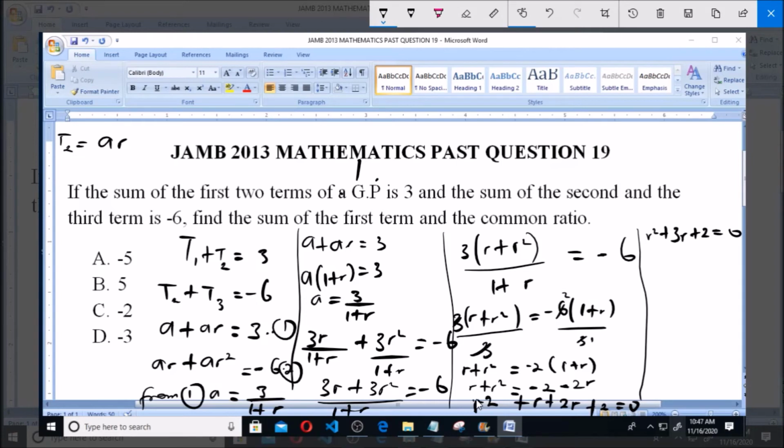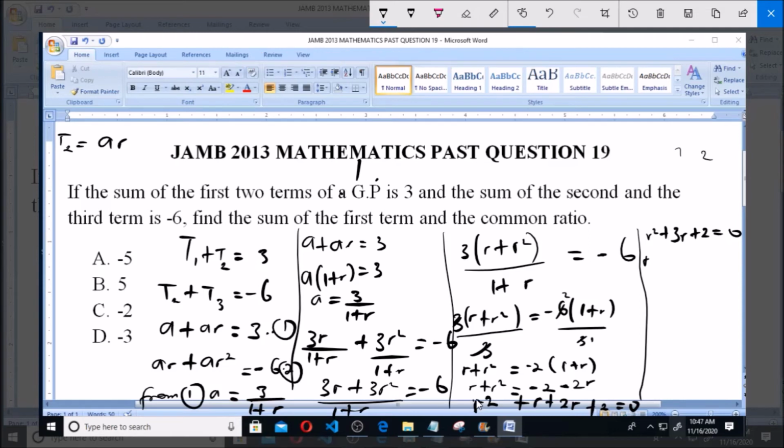Now we have to factorize to be able to find R, which is the common ratio. Then after finding R, we'll now find A. So by factorizing R square plus 3R plus 2 is equal to 0, we look for two numbers that when we multiply them together will give us 2, and when you add them will give us 3, and those numbers are 1 and 2.